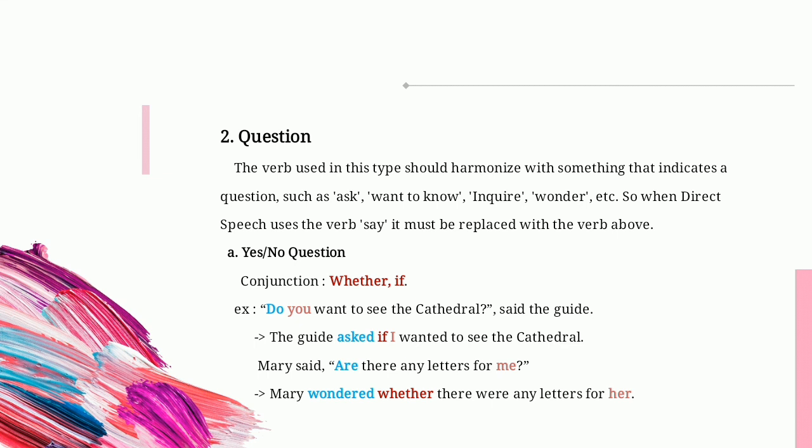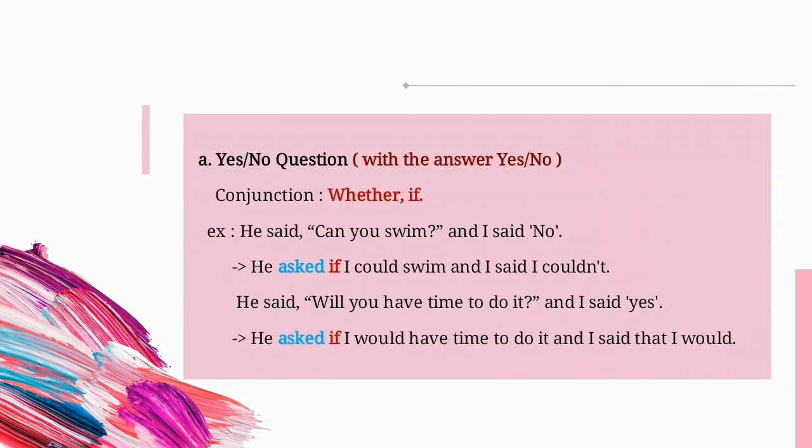For example, "Do you want to see the cathedral?" said the guide. In an indirect sentence it became, the guide asked if I wanted to see the cathedral. So the conclusion, if the indirect sentence is a question, then the conjunction is whether, if.